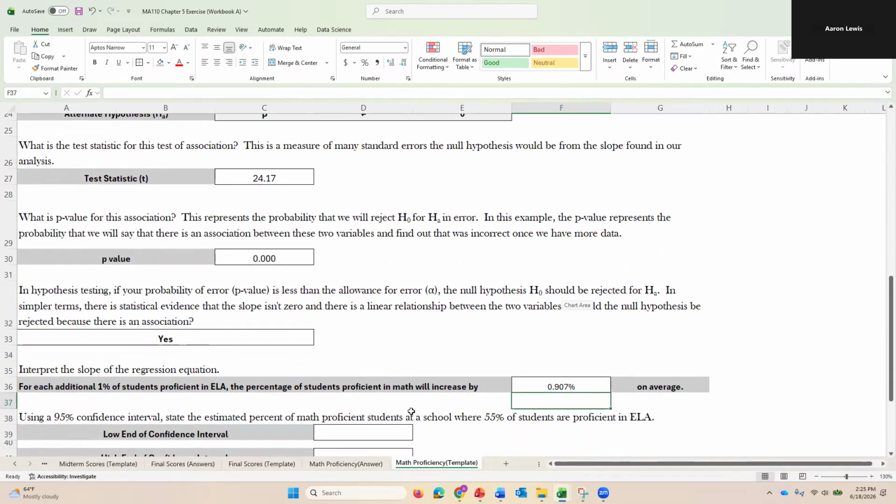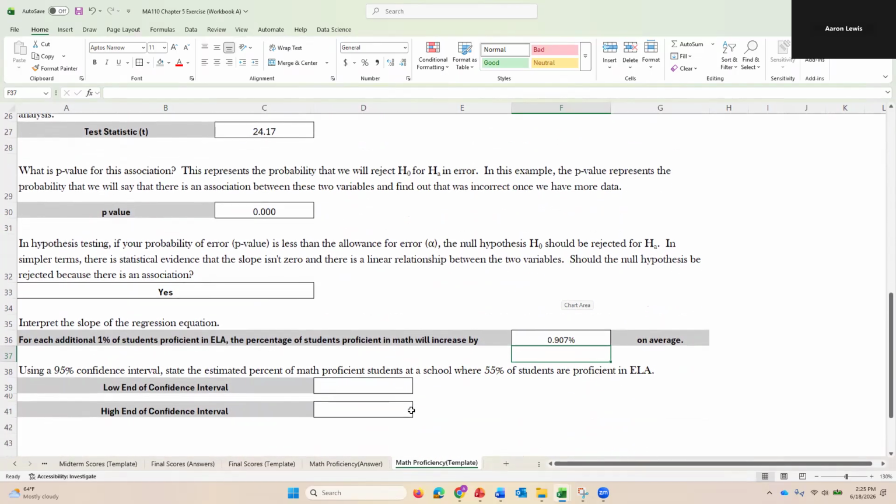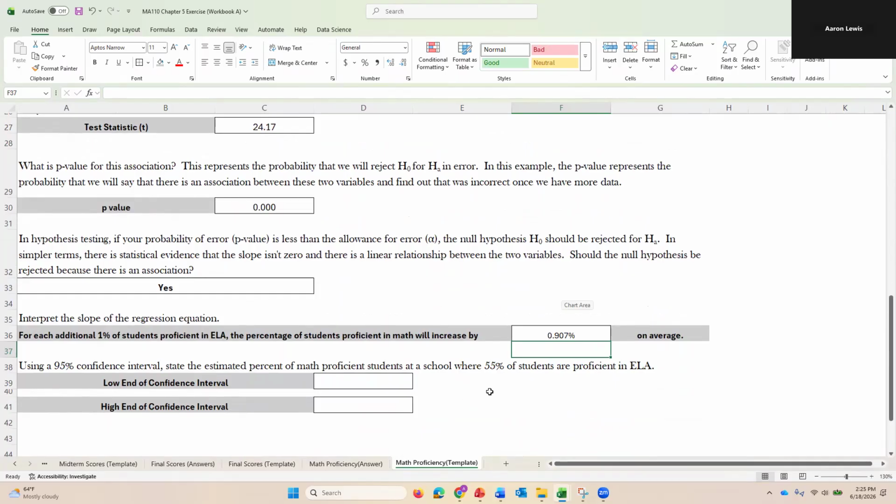So we've got statistical evidence in this case that there is a relationship between the two, and that the better ELA scores are at a school, we expect students at that school to have their math scores be higher, although not at the same rate.